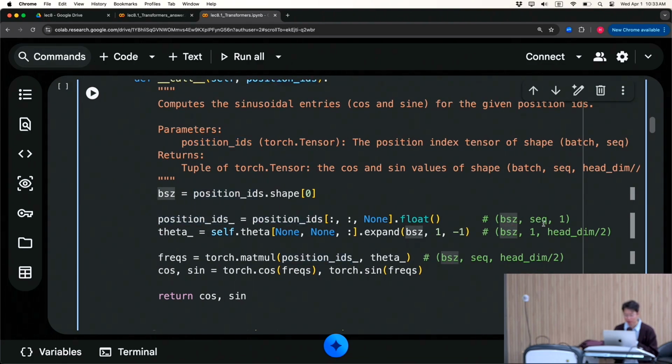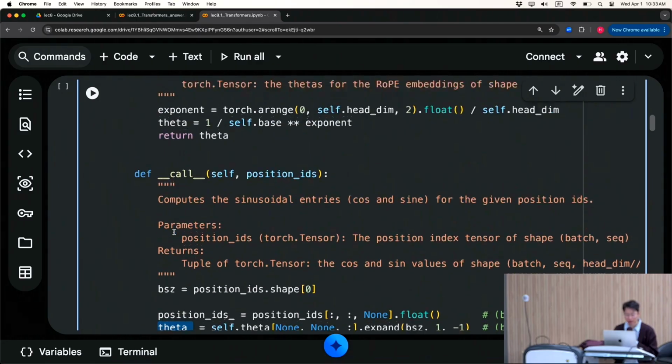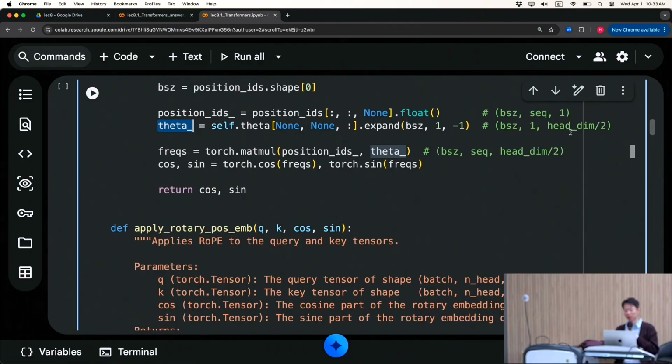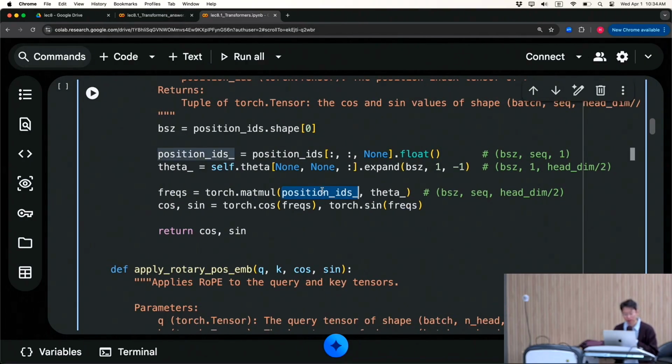It's batch size, sequence length by 1, and the theta from this compute theta function is batch size 1 by head dimension over 2. We're going to multiply the position indices with theta, and that's going to end up being batch size, sequence length, head dimension over 2. Given these numbers, we're going to compute the cosines and sines.